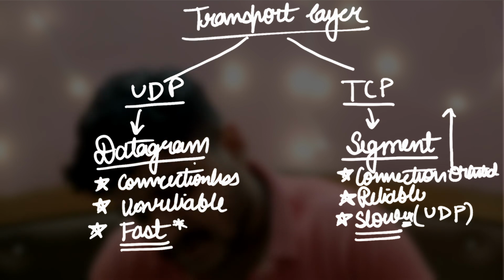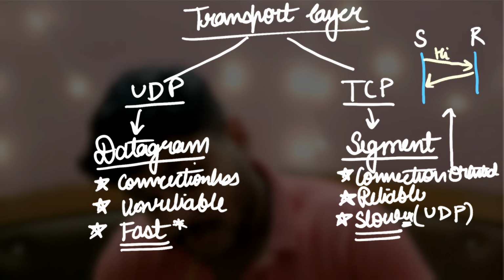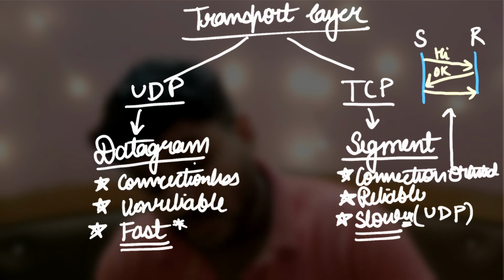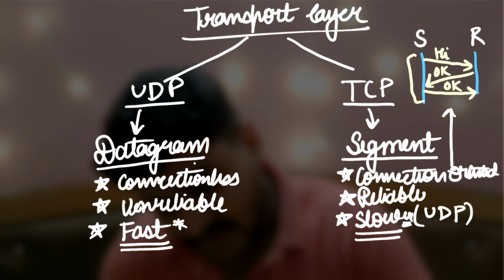So we were talking about connection oriented. What actually happens? Consider there's a sender and a receiver. The sender says, hi, I want to connect. The receiver says, okay, let's connect. And then the sender sends again, okay, let us connect. So this is a connection that is built before the data is sent.